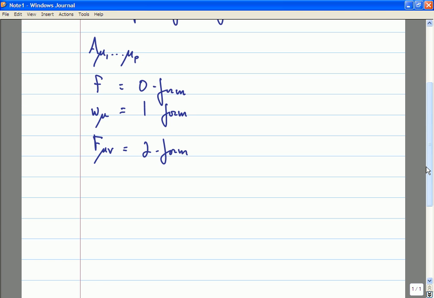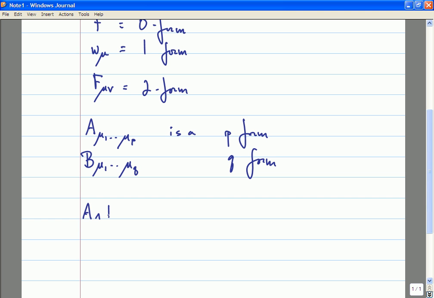And we have a special way of multiplying differential forms with one another to get another differential form, which is known as the wedge product. So if A is a P form with components A_{mu1 ... mu p}, and B is a Q form with components B_{mu1 ... mu q}, then you can define the differential form A wedge B, which will have P plus Q indices.